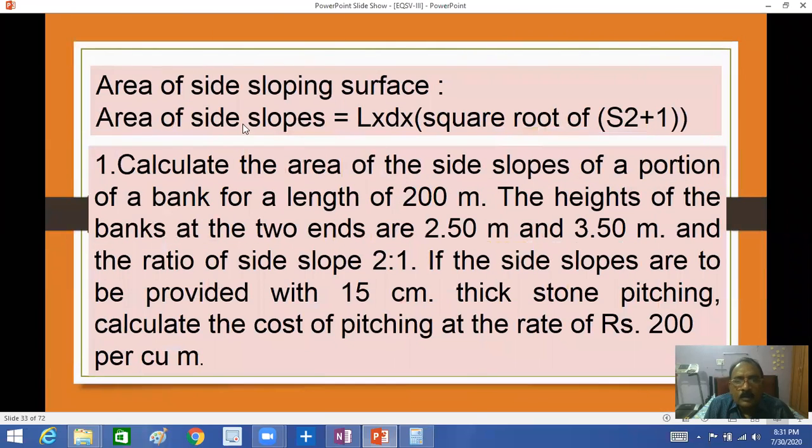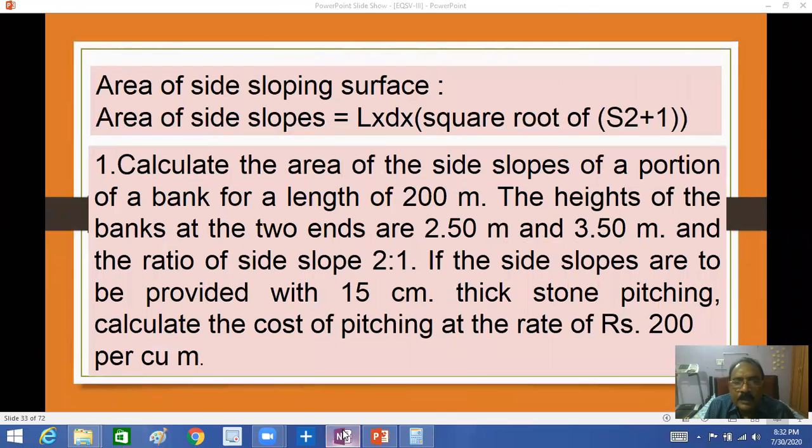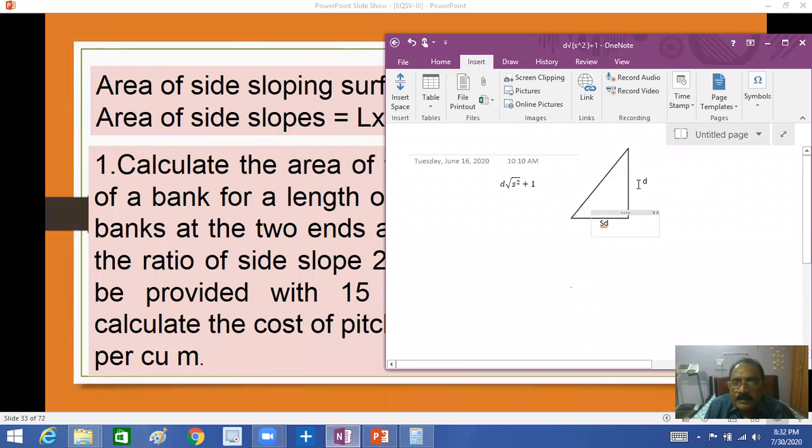The area of side slope is equal to L into D into under square root of S squared plus 1. How to calculate? If you see here, you have a trapezoidal section, and I have taken one triangle with sides S D and D. If you take this, the slope length is D into under root S squared plus 1.